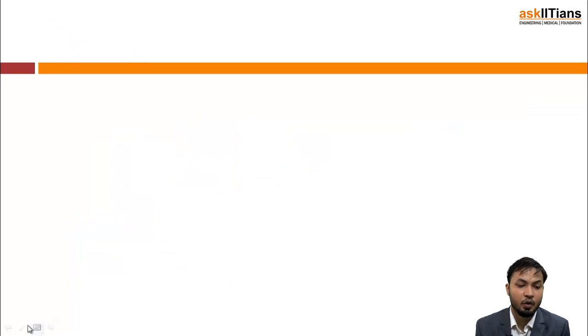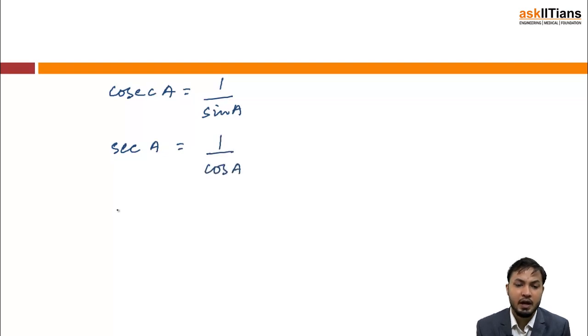Similarly, if I continue on, tan is defined to me, so I'll take out cosec A, which is the inverse of sine, 1 by sine A. My sec A will be equal to 1 by cos A, and my cot A will be equal to 1 by tan A. So if I take out all of them, cot will become 3 by 4, right?